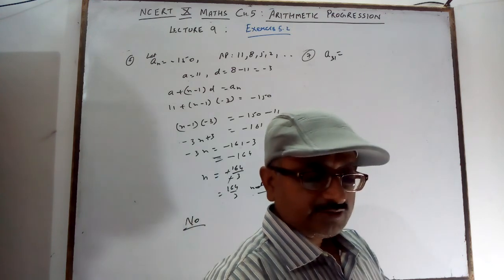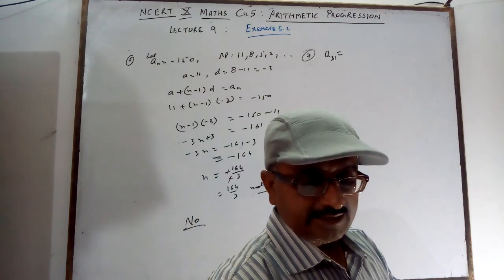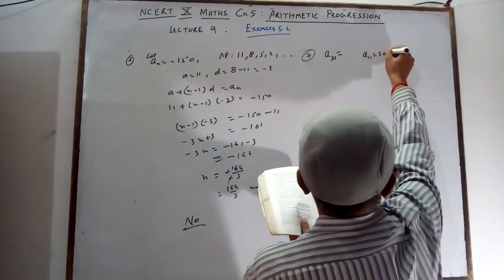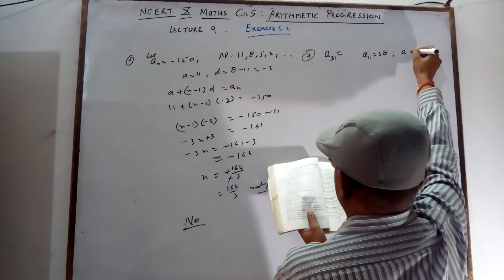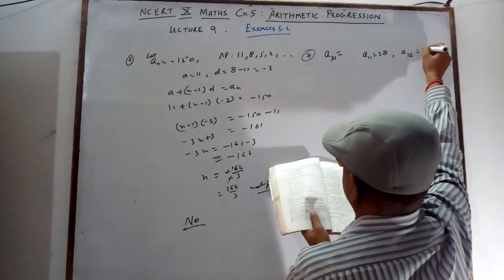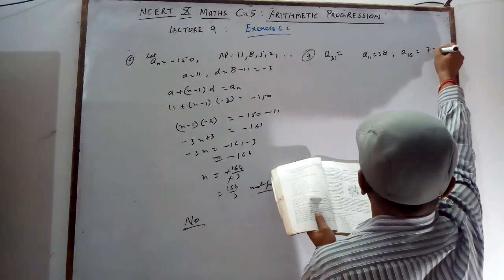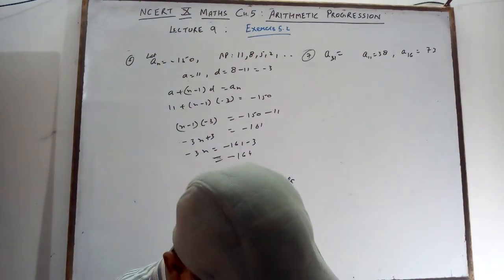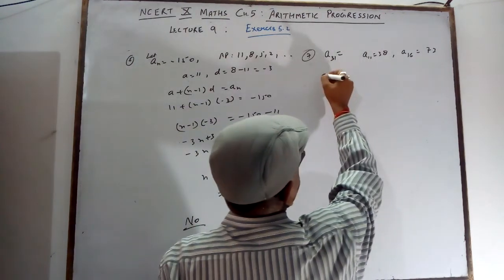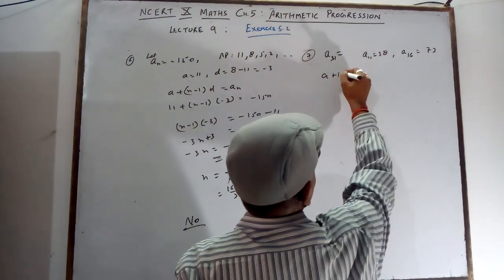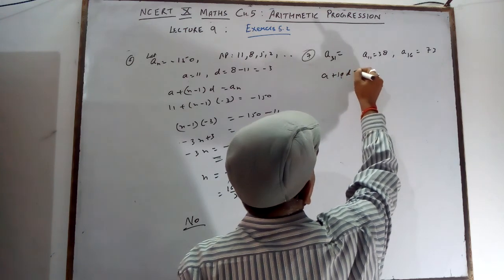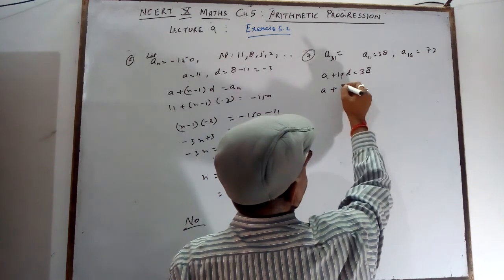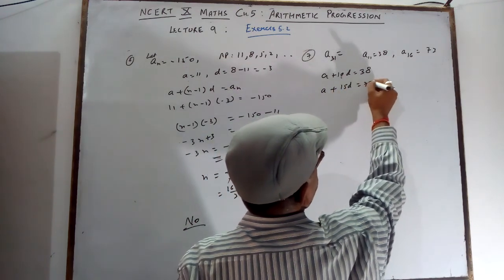A11 is given, 38, and A16 is given, 73. Very simple. It is a very common and easy question. A11 means A plus 10D. A plus 10D is equal to 38. A16 means A plus 15D, that is 73.